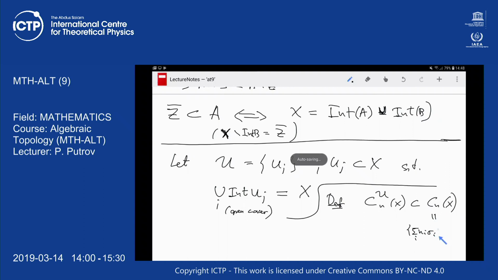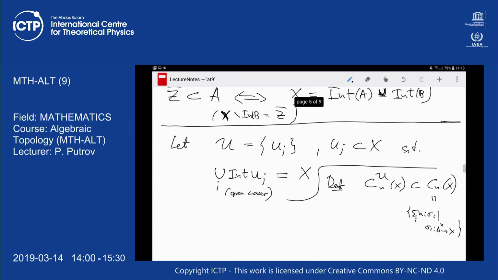So each sigma_i is a map from delta n to X. So how do we define the subgroup? This subgroup will contain elements also of this form, linear combinations of sigma_i's.